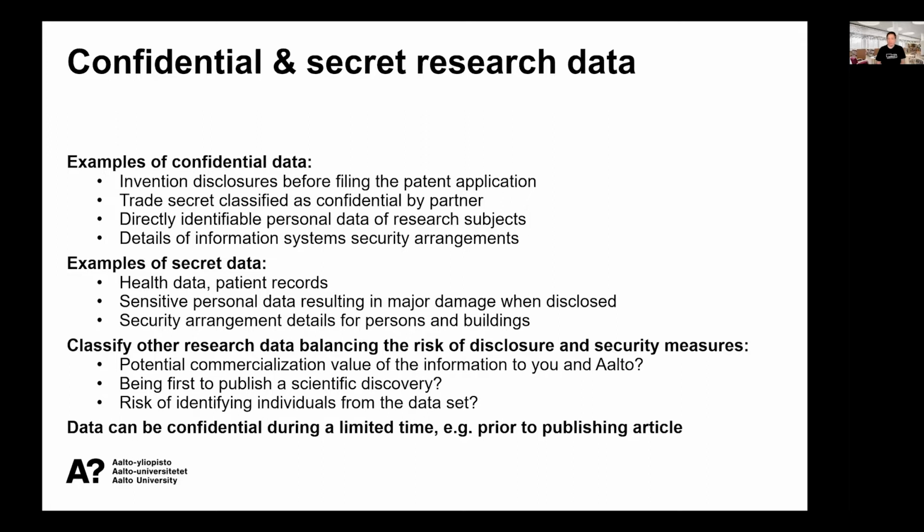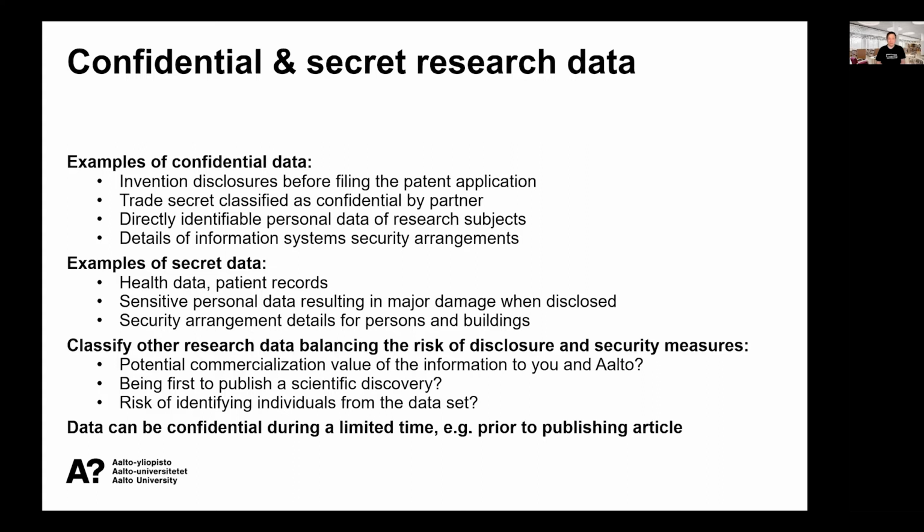And then when the data is secret, it's usual for health data, patient records, or some other sensitive personal data that might result in major damage when it is disclosed. Or the physical security arrangements and details, persons, buildings.